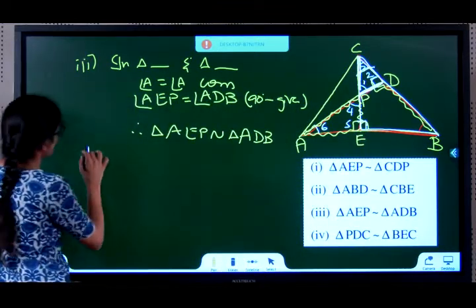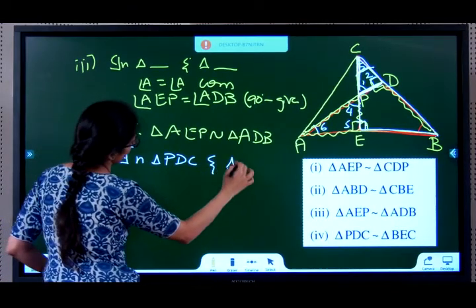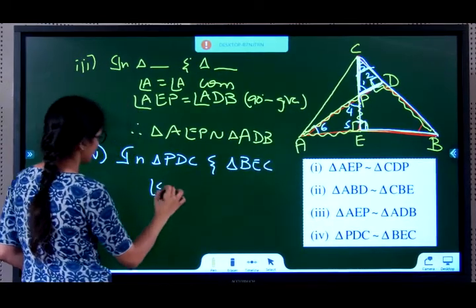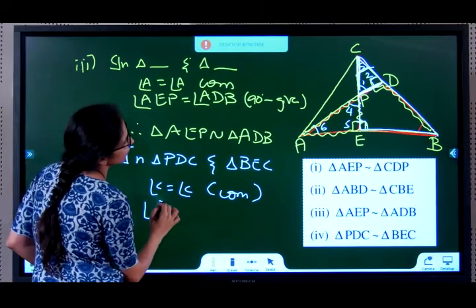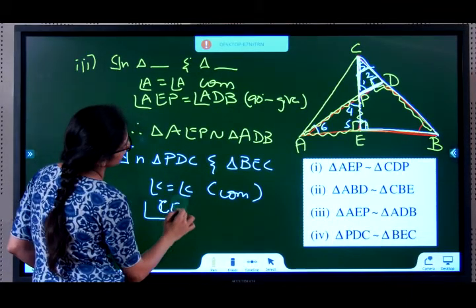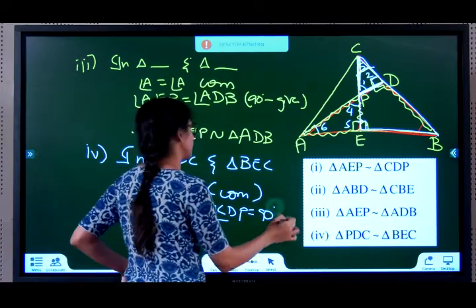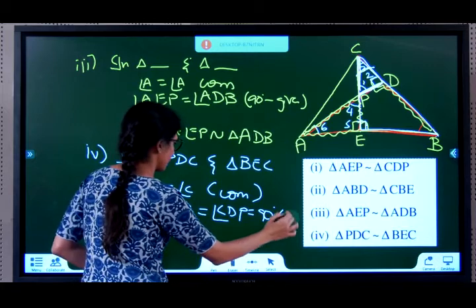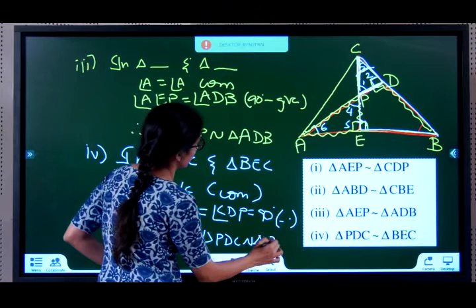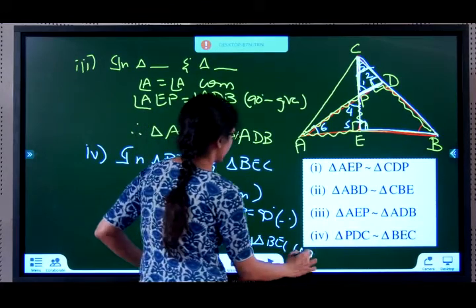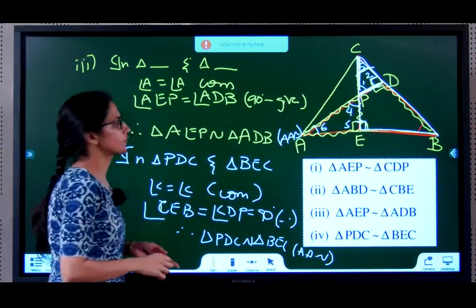So, in triangle PDC and triangle BEC, angle C equals angle C common, and we have angle CEB equal to angle CDP equal to 90 degrees, given because it's altitude. Write the reason. Therefore, triangle PDC is similar to triangle BEC, AA similarity criteria. I haven't written the similarity criteria everywhere. Please add it, AA similarity criteria for all the 4 cases.